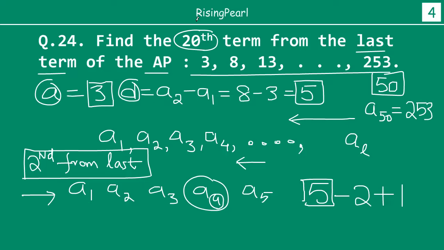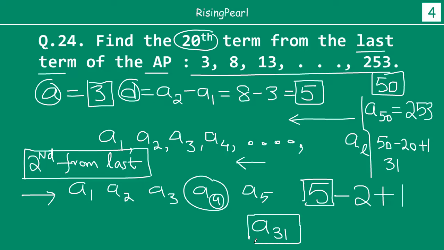Then the 20th term from last will be 50 minus 20 plus 1. So 50 minus 20 is 30, plus 1, 31. That means A31 is the term that we are actually looking to find the value of.